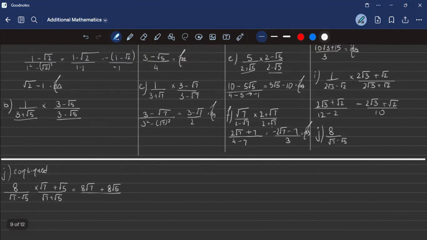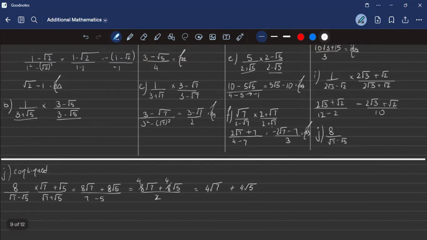Under root 7 squared is 7, under root 5 squared is 5. So 7 minus 5, which is 2. Simplify this: 2 ones are 2, 2 fours are 8, and 2 fours are 8. So we would get simply 4 under root 7 plus 4 under root 5.